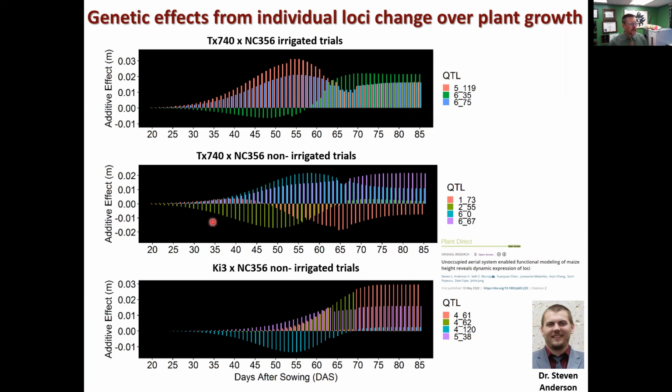But by measuring plant height with a UAV and using an algorithm to smooth that data to calculate plant growth for all recombinant inbred lines, Stephen's actually able to show that some of these QTL fade in by day 50 and then become basically irrelevant by the end. And so there's different genetic control over plant height at different times segregating within a population that we can take advantage of.